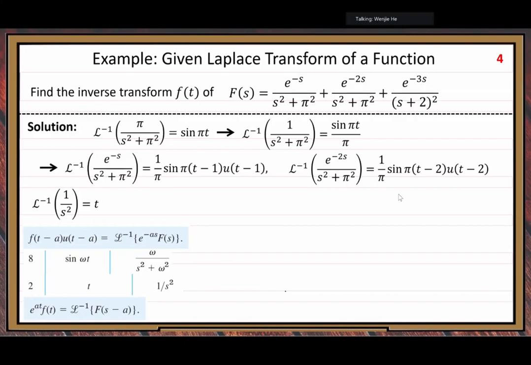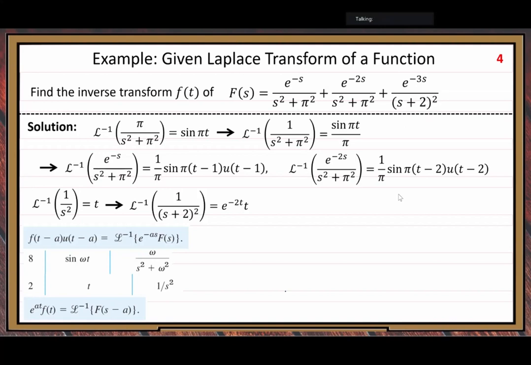After that, we apply the first shifting theorem to get f of s minus a, with s plus 2. So we multiply the e function on the t side: e to the negative 2t times t.